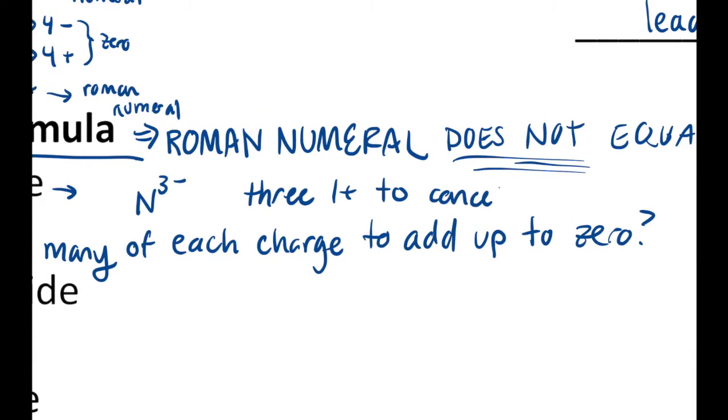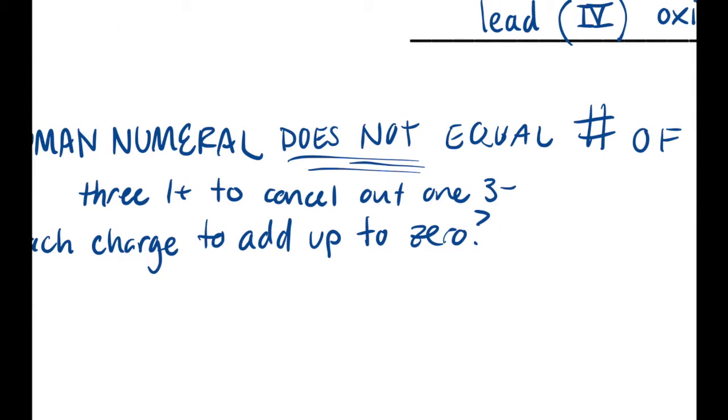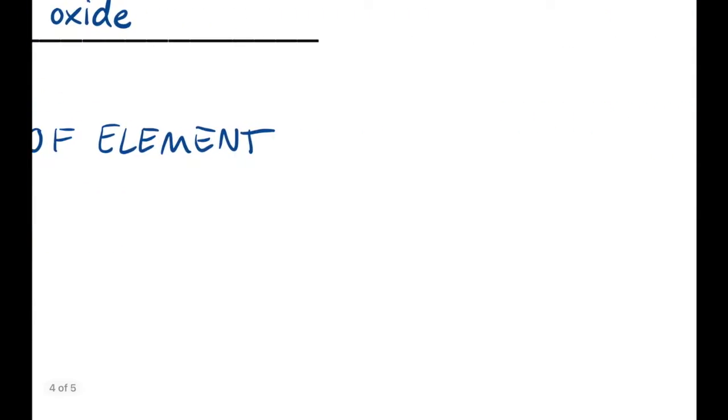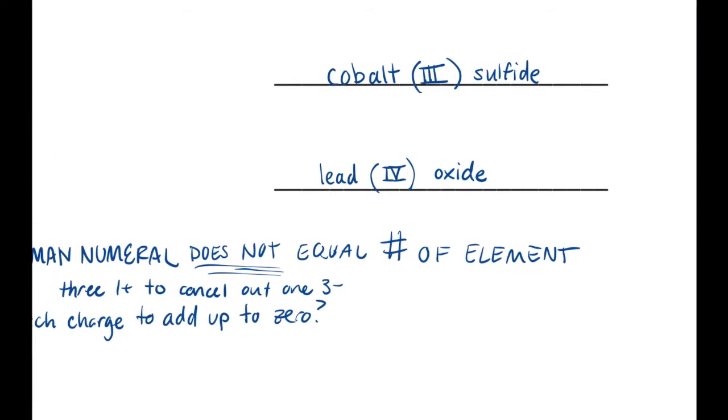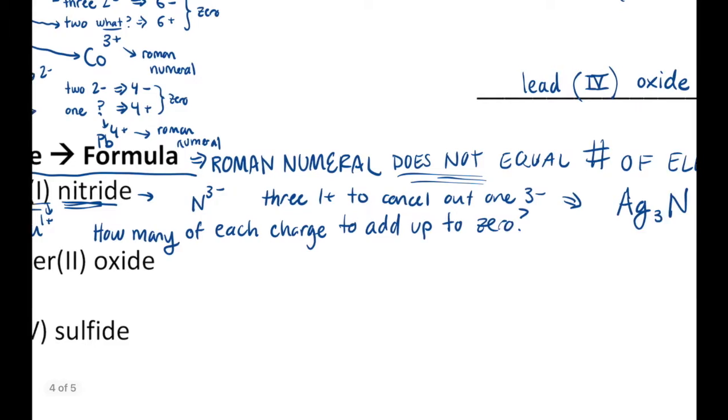So in your formula that you write out, you are going to write 3 of the AUs and then 1 of the Ns. Oh, I made a mistake in the video. Gold is AU, so it should be AU3N. Ignore that G. I accidentally wrote silver there.